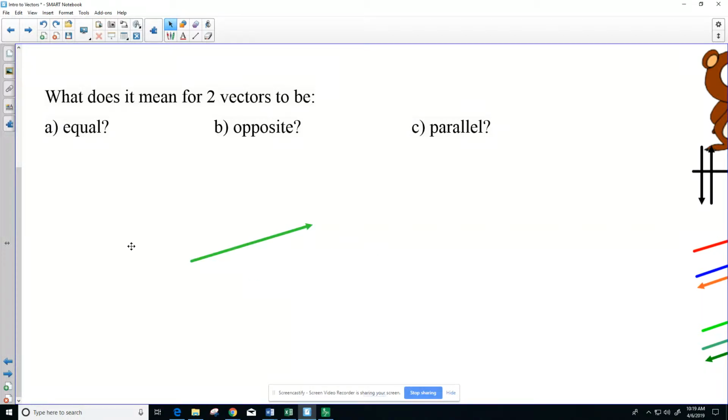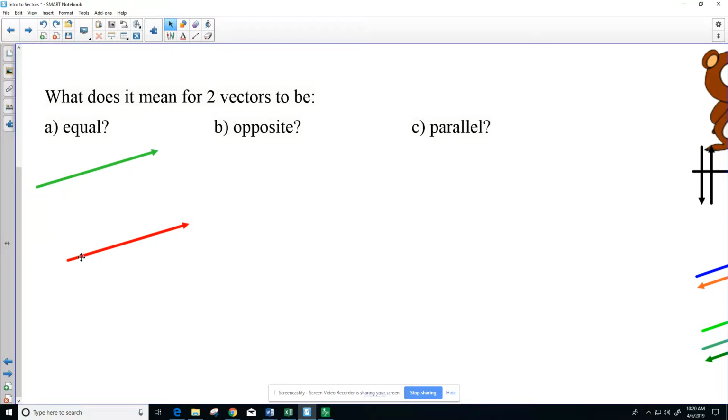Okay, so if I take this as a vector, we said that a vector was defined by its magnitude, which is represented by the length of this arrow, and its direction. In other words, the direction that the arrow is pointing. So essentially, if I take any other vector which has the exact same length and points in the same direction, that should be equal. But what's nice about this is it means that the location of the actual vector is unimportant.